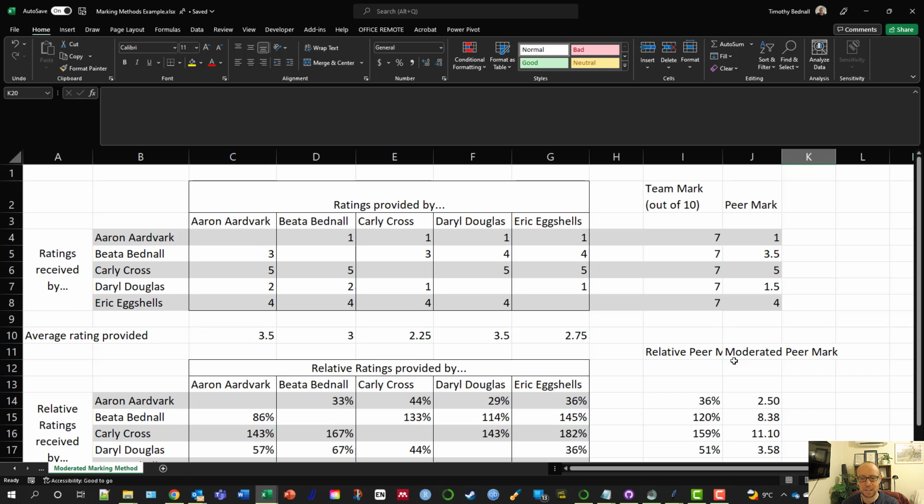I tend to focus more on the second method if I'm focused more on the overall contribution of each team member to the group assignment, and how much, on a relative basis, each one actually contributed.